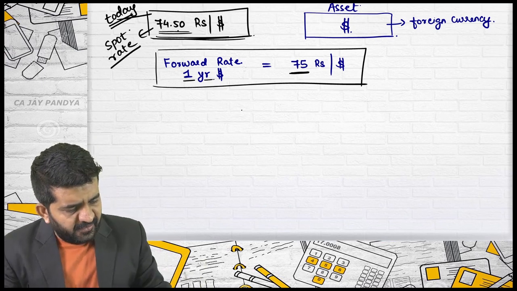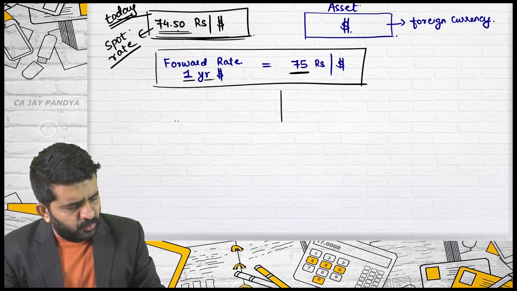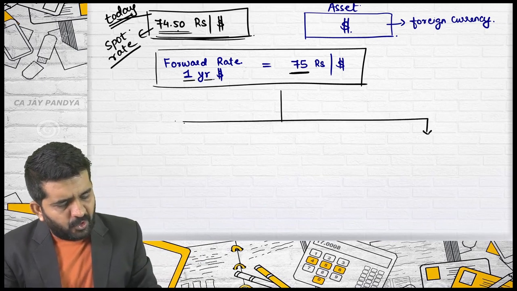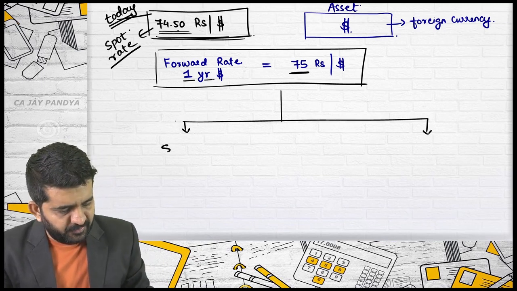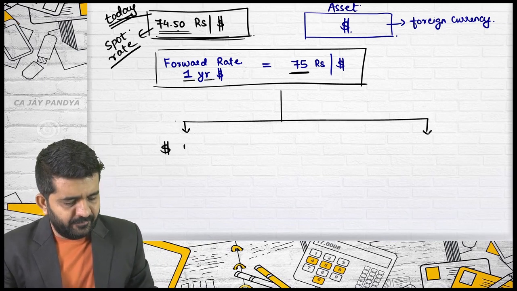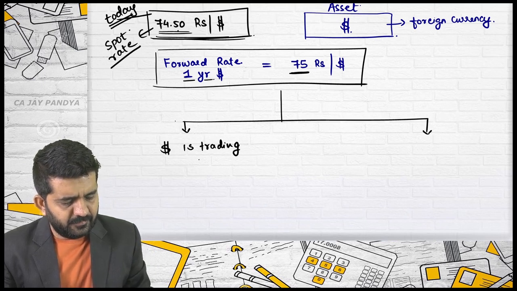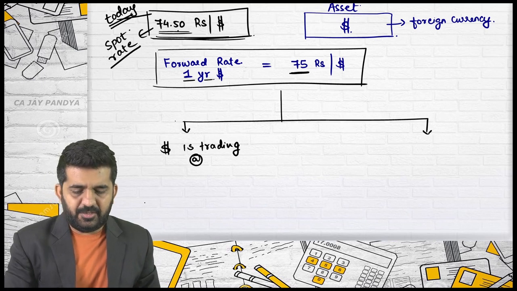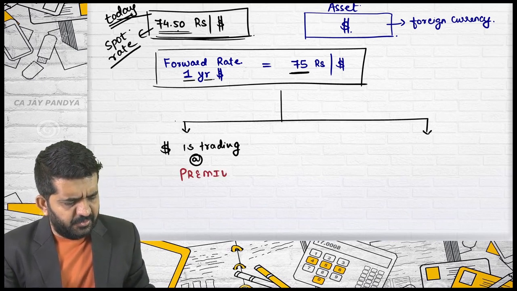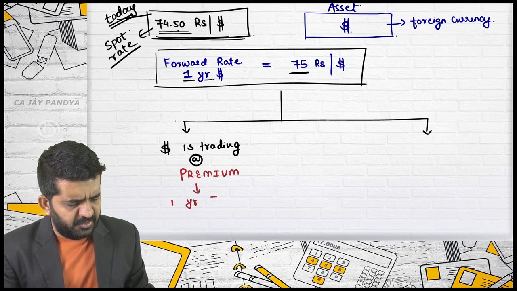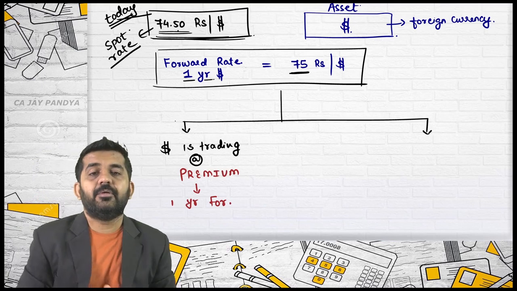So, if I want to tell something about the forward rates of dollar, try to understand what I am saying. Dollar is trading at premium in 1 year forward.